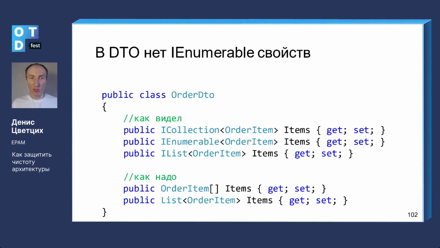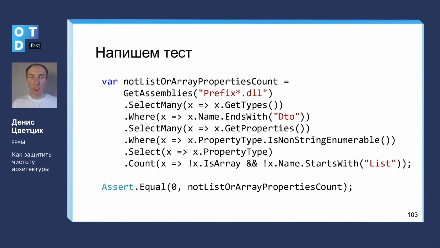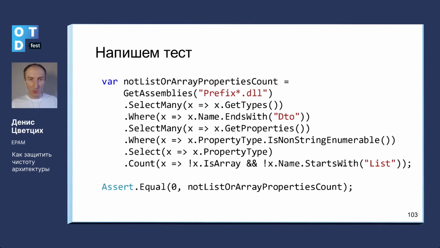There is a typical case in many projects: we have DTOs with IEnumerable properties. They can have several collections. You can use a list or an array to guarantee that these collections are real, and there will be no lazy query logic, and this serialization will not get stuck. We can create a dedicated test.